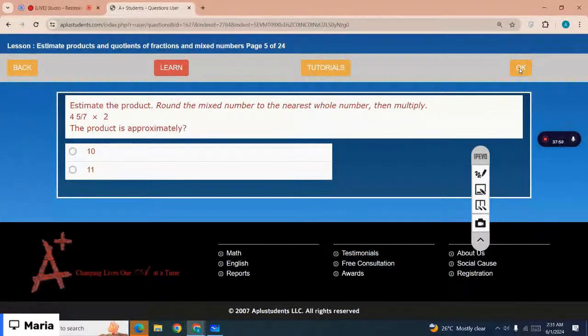Four whole 5 by 7. That is 5 by 7, which is more than half. So it would be rounded off to 5, and 5 times 2 is 10. So the correct option is option number 1.